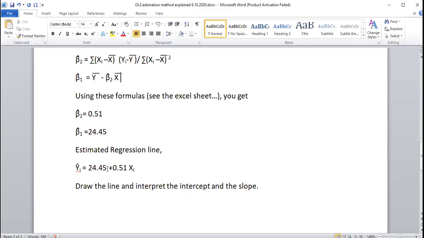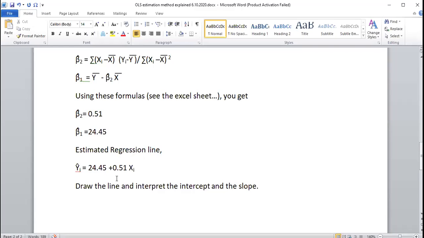Professor, can I try? Yeah, please. If income increases by $1. Intercept, how do you interpret the intercept?